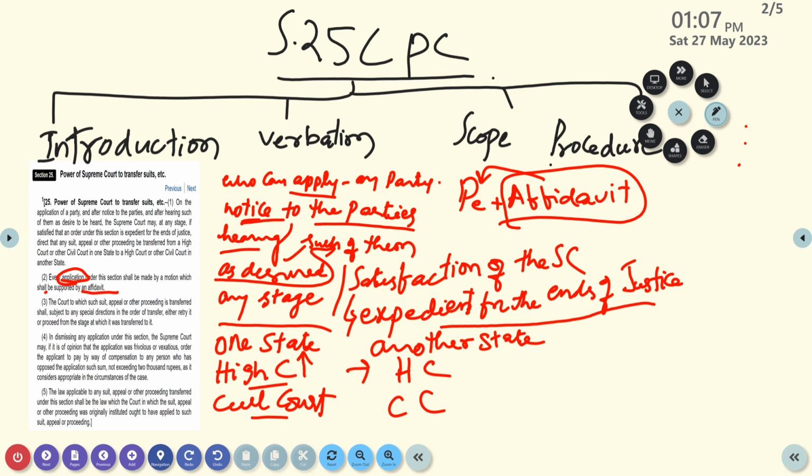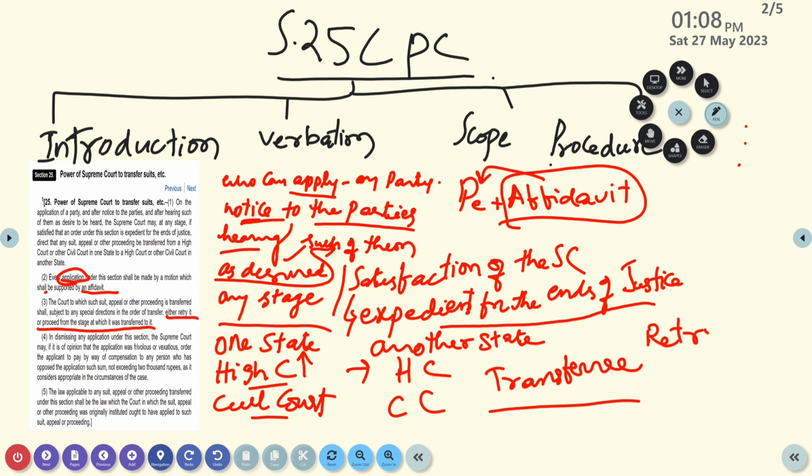Okay, now come to 3. What is the next procedure? Direction is over, transfer is over, transferred to another court. Then what is the procedure? Where does it begin? The transferee court. Transferee court means where this case has been transferred to. This transferee court shall either retry it or proceed from the stage at which it was transferred to it. So, two options.